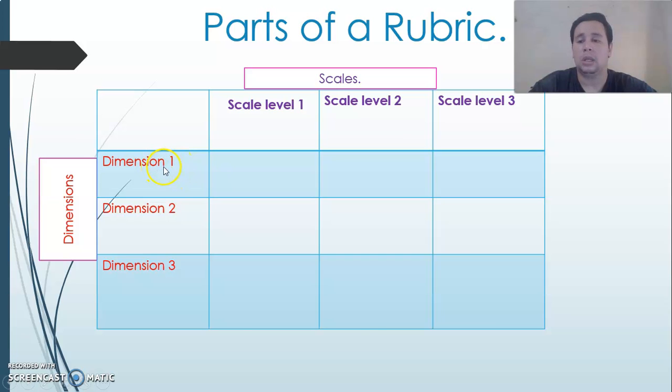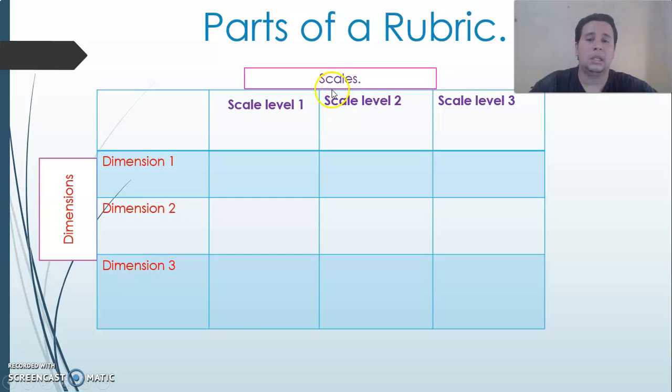For example, let's suppose that we want to assess a speaking activity. We can consider, for dimension number one, let's suppose, content. For dimension two, let's suppose the organization of ideas, and for dimension number three, fluency.